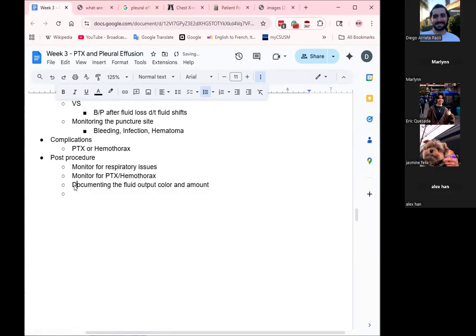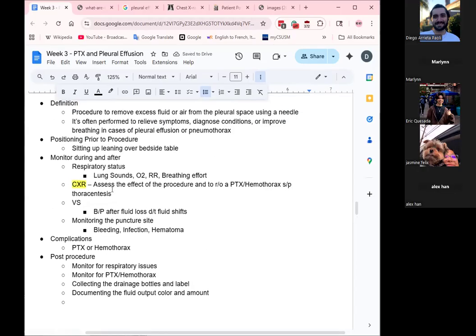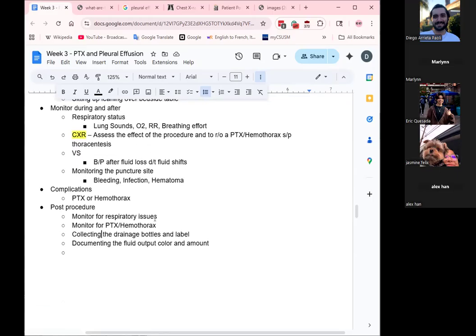And naturally, you're collecting the drainage bottles. It's part of your job, before the doctor gets there, to have all these drainage bottles already in the room. So you're going to set them up in their positioning. You'll get the drainage bottles and have their supplies set so that they can just go ahead and do it once they get there.